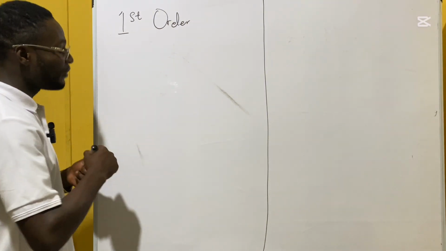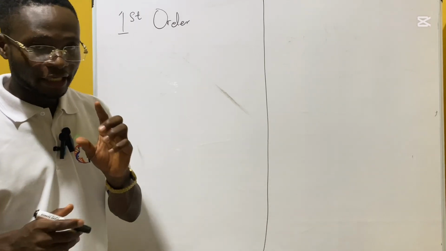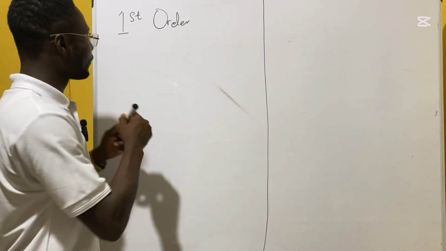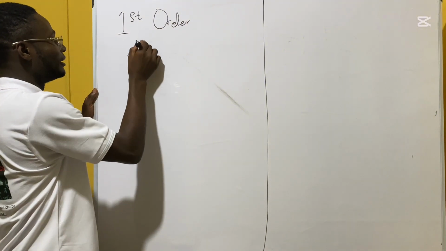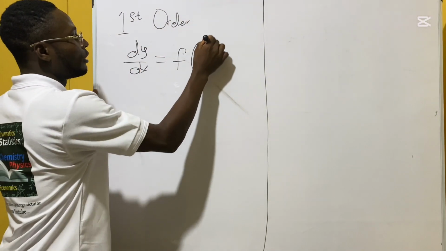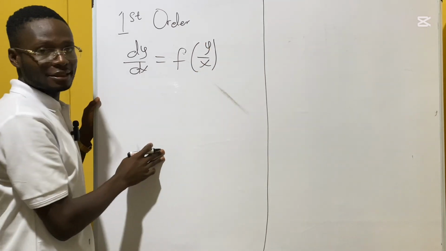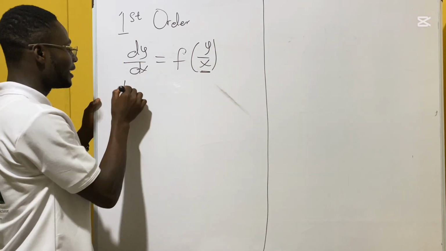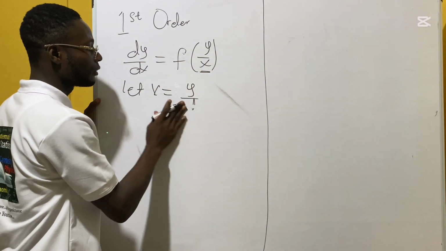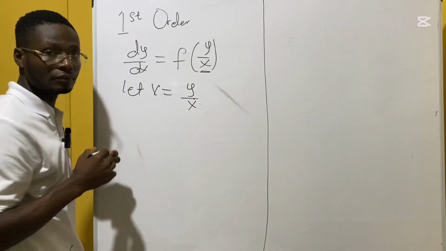First, let v equal the variable y on x, since the differential equation is a function of y on x. So first, let v equal y on x.